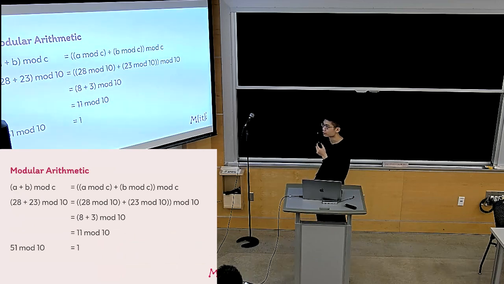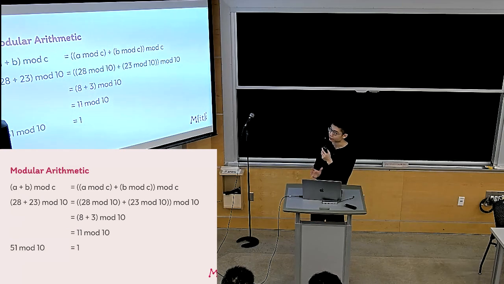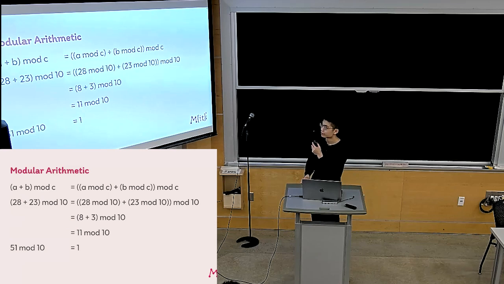And there's a subtle property which is actually very powerful, where if you do plus or times on 2 numbers and want to take the result modulo a third number, you can first take modulo inside. So take A modulo C and B modulo C, and then sum those 2 things, and then take modulo C again.